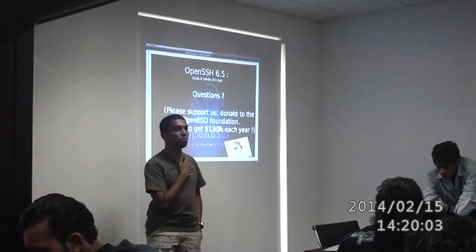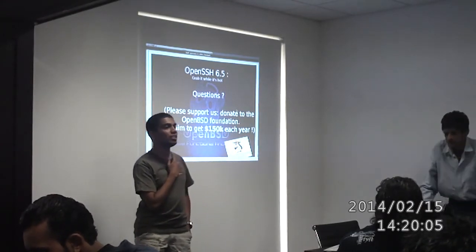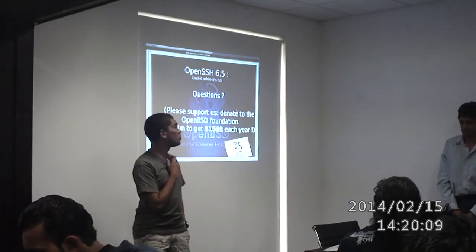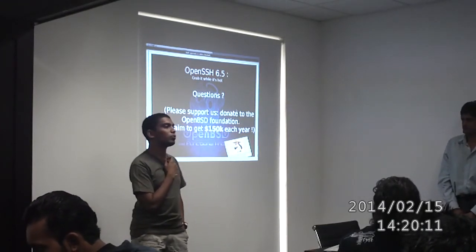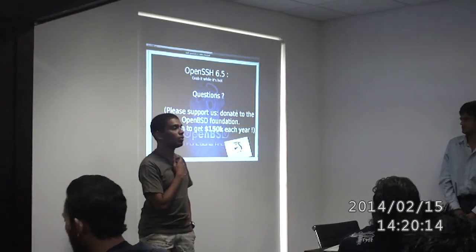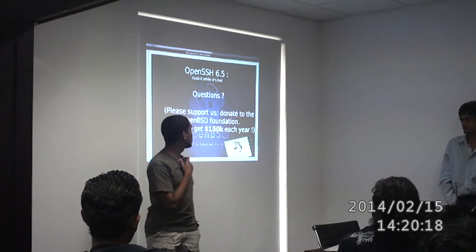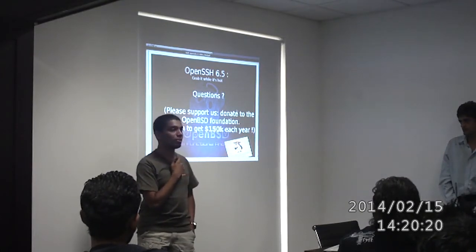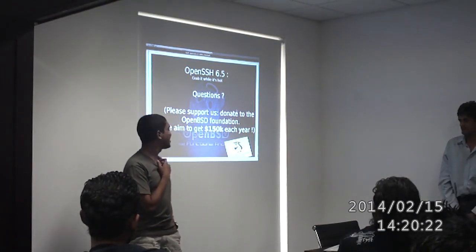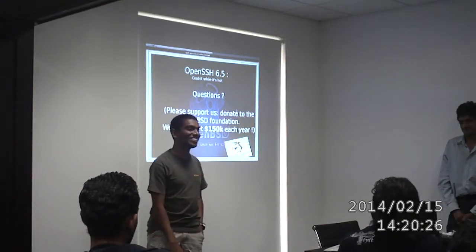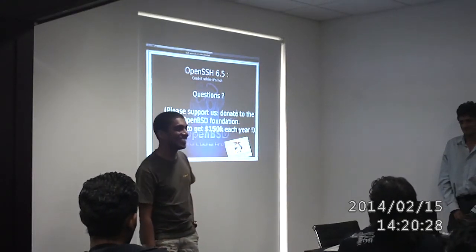And we got money from Google, and from some other companies, and right now we have around 120,000 in our bank, and we are aiming for 150,000 each year. So please give us money to keep going.